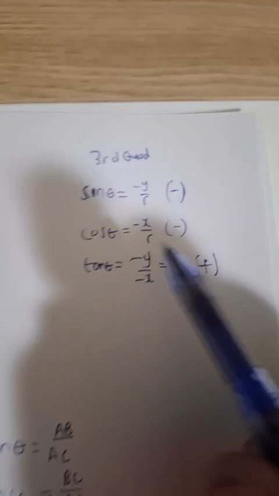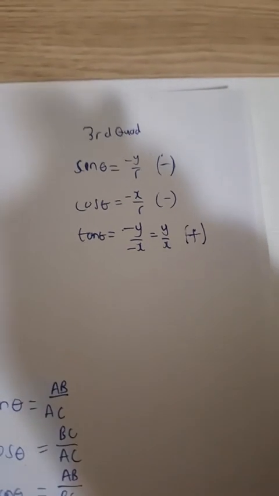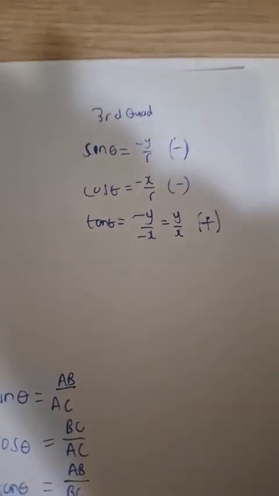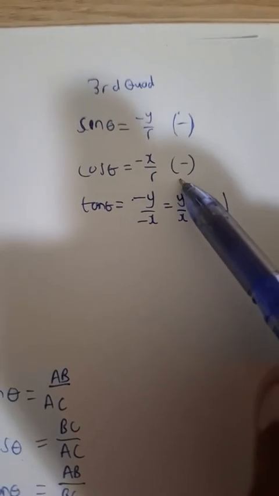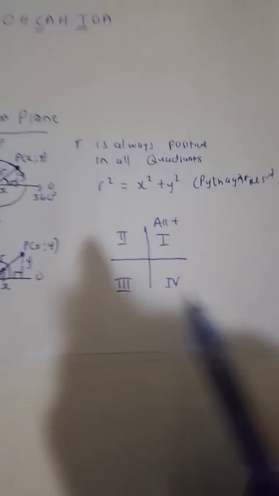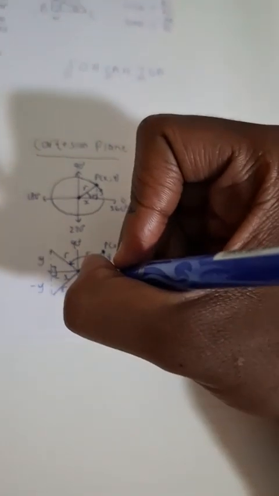In our third quadrant, only tan is positive when it comes to the basic trig ratios, but all the other ratios are actually negative. Then we look at the fourth quadrant, the last and final concluding quadrant, so that we can have a solid conceptual understanding as to why we say so and so is positive, so and so is negative.